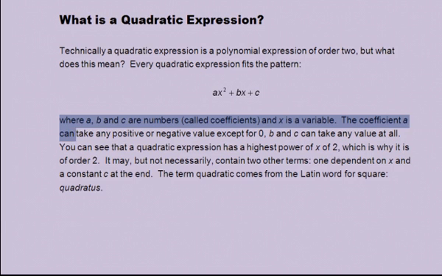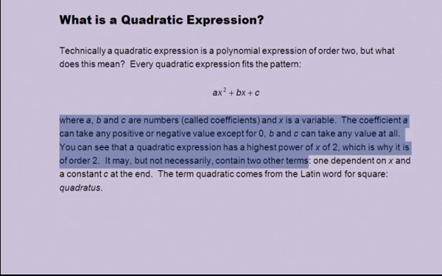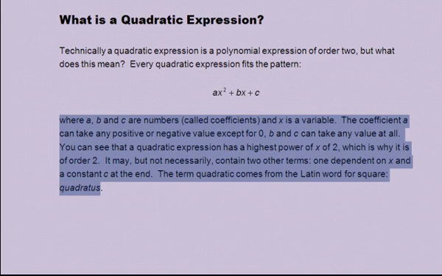The coefficient a can take any positive or negative value except for 0. b and c can take any value at all. You can see that a quadratic expression has a highest power of x of 2, which is why it is of order 2. It may, but not necessarily, contain two other terms, one dependent on x and a constant c at the end. The term quadratic comes from the Latin word for square, quadratus.